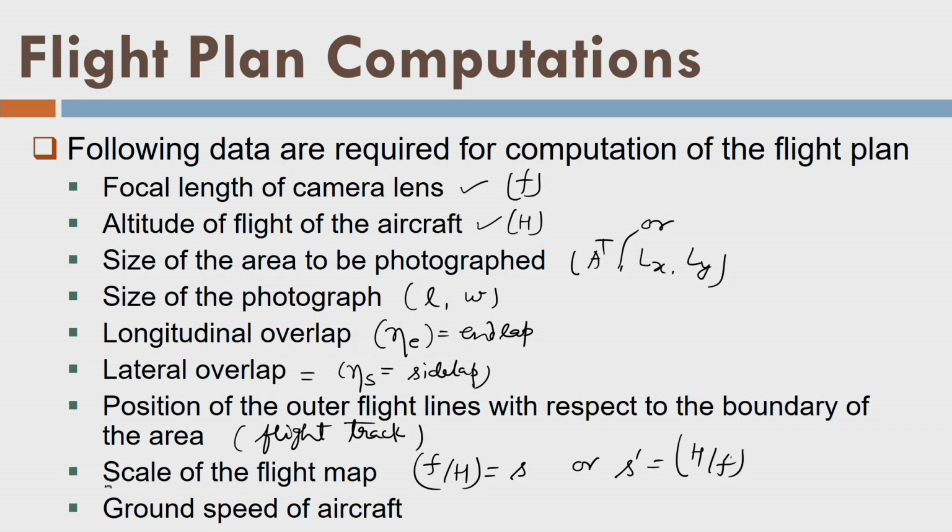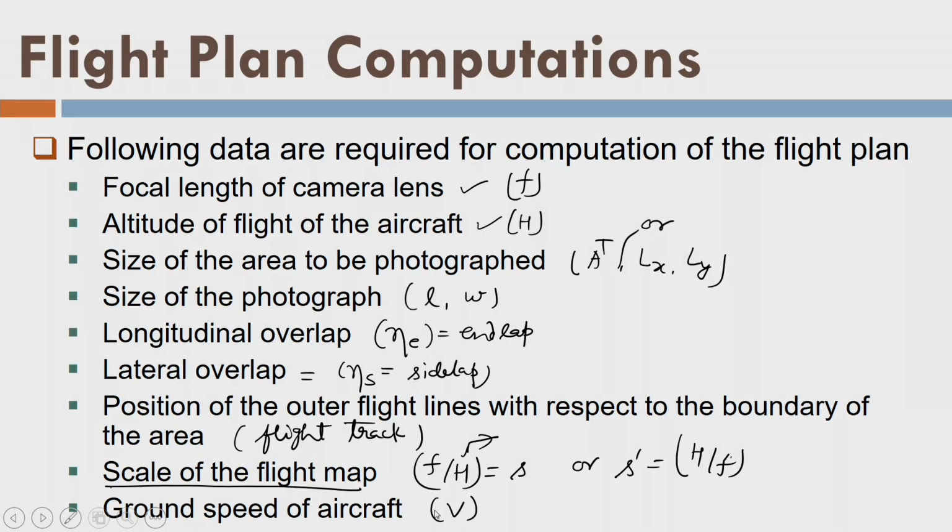That is basically the scale of the flight map, the desired one, and according to the desired one, if I have the camera of focal length f, I will decide my h first, that is the flying height, what should be the flying height, and then I know that there is a limit of the capital H, and hence I have a limit on the scale of the flight map. Then we have the ground speed of the aircraft, that is speed v. So, if I have all this information, I can plan my work beforehand, before going to the field, and that is what we call flight planning.